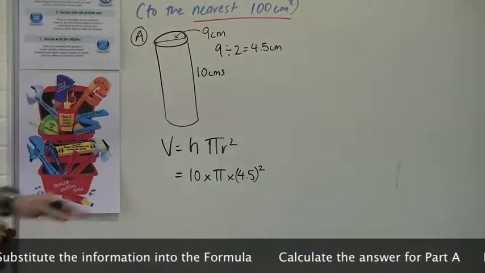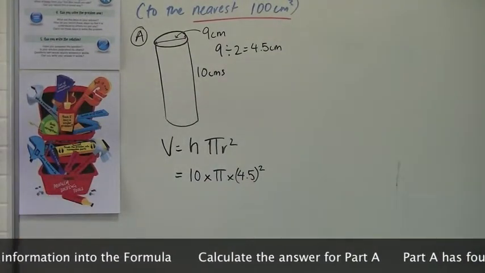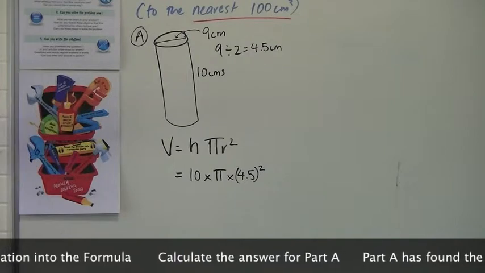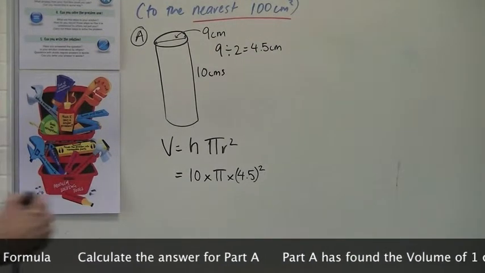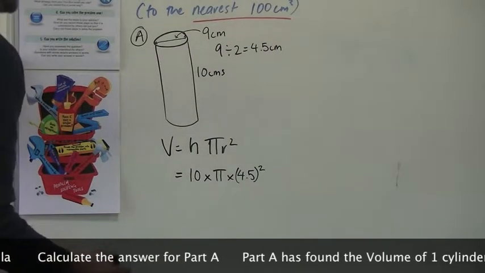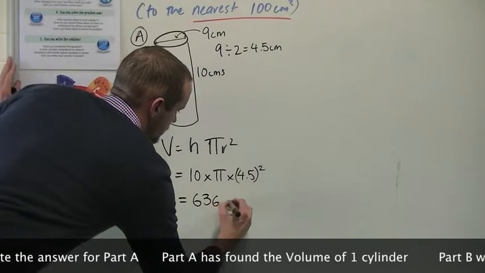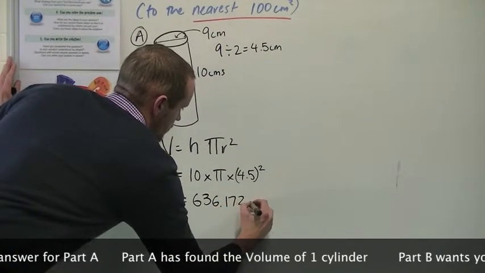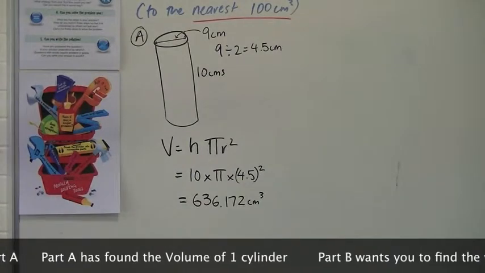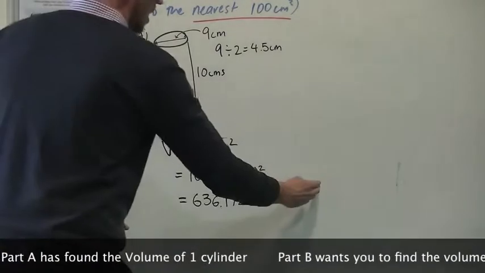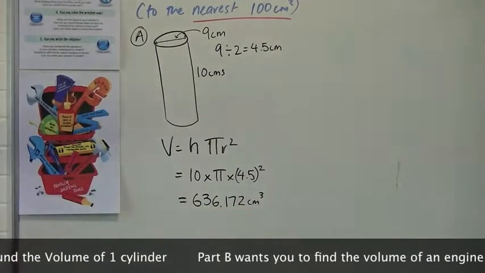Here we've got our height is 10 and our radius is 4.5, and we square that. I'd like you to type that into the calculator and see what you get, please. You should have a few more numbers after that. I'm just going to leave it at those three.